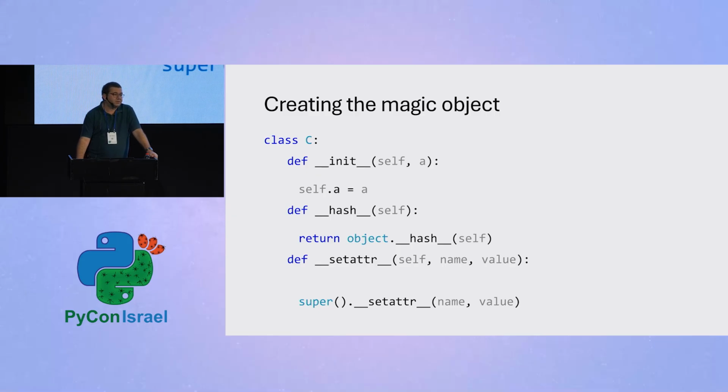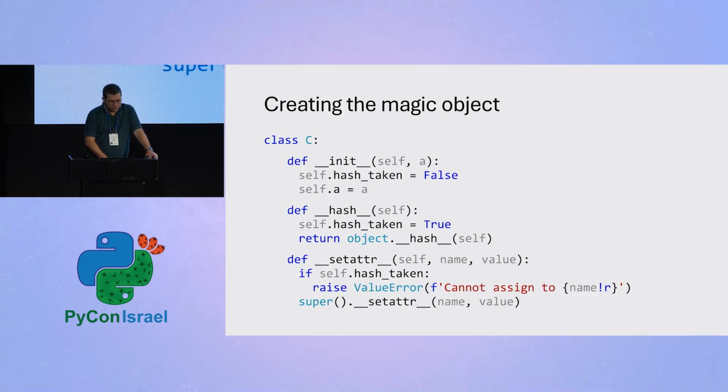I cannot set the instance's setattr, but I can have the class's setattr inspect state from the instance. This added hash taken, I need to initialize to false and set to true in dunder hash, can achieve what I want to.